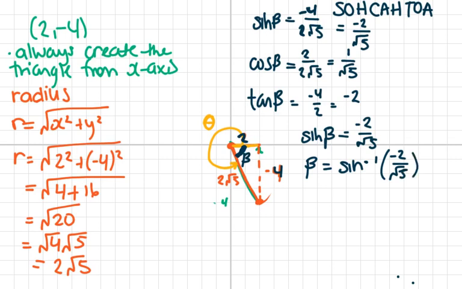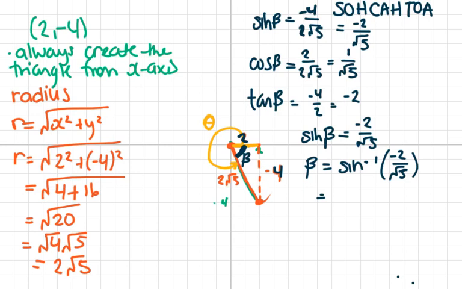So you're going to grab your calculator and punch in sine inverse bracket -2 divided by √5. If you're using your phone calculator, on an iPhone anyways, you'll want to first put in brackets -2 divided by √5 and then hit second and then sine inverse. And then it should come up.